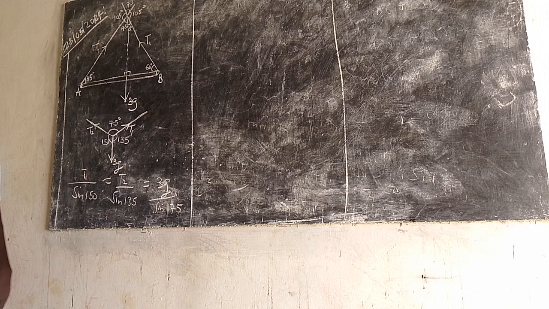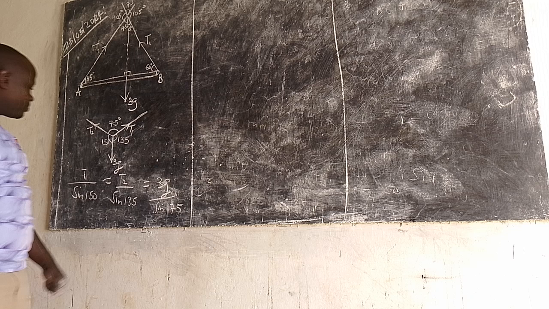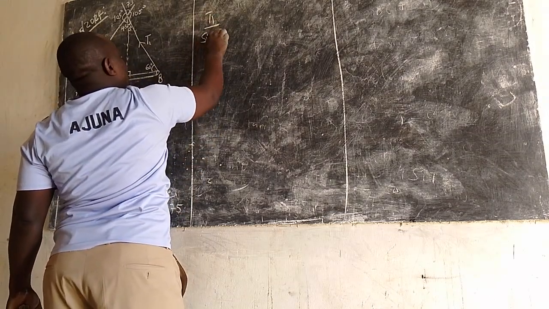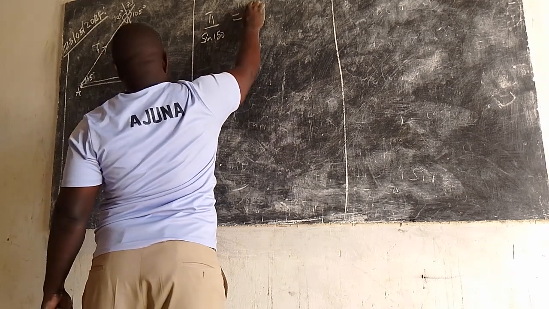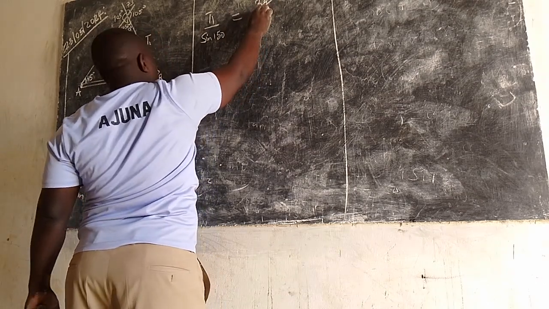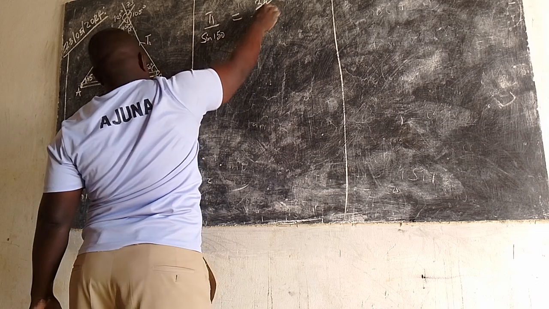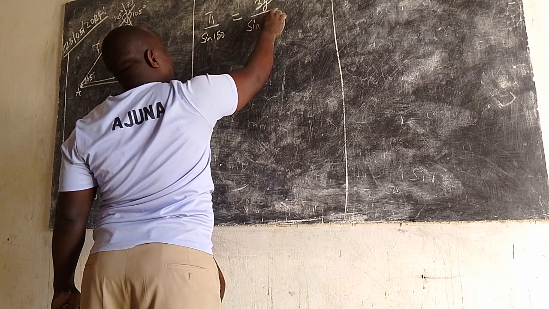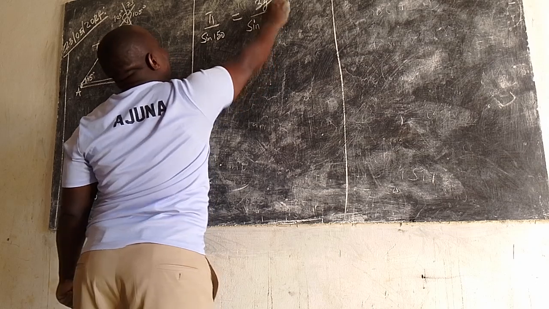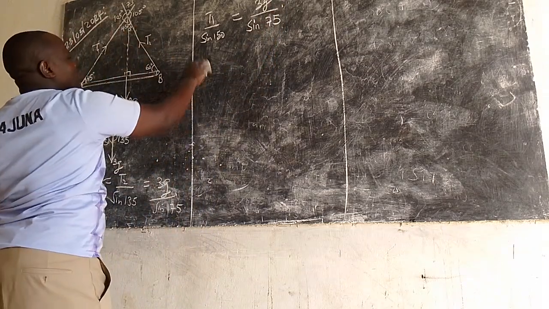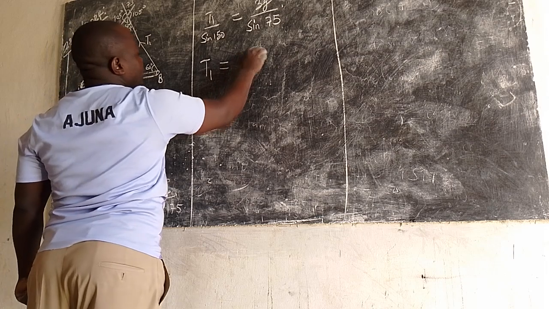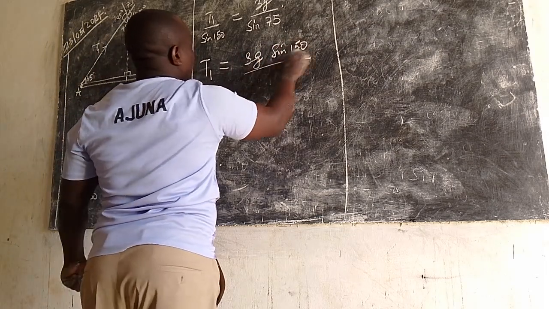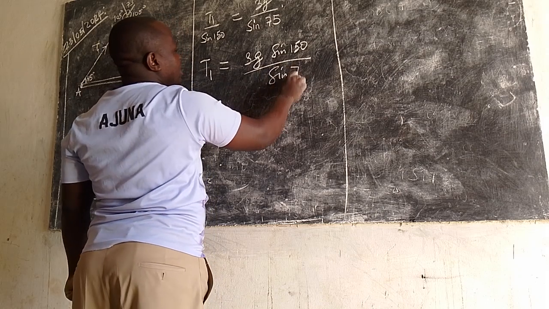Now, I'm going to cross multiply and do mathematics. T1 over sine 150 is equal to 3G, which is 29.4. So T1 is 3G sine 150 over sine 75.